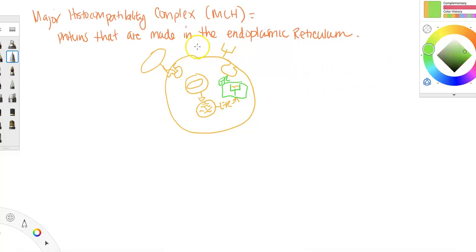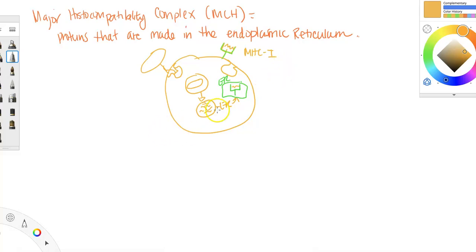So embedded there, and now it's on the plasma membrane displayed on this MHC1 platform.